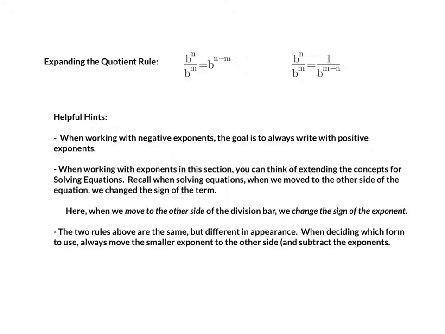Recall that when solving equations, when we move a term to the other side of the equation, we change its sign. Here, when we move to the other side of the division bar, we change the sign of the exponent. The two rules above are the same but different in appearance. When deciding which form to use, always move the smaller exponent to the other side and subtract.